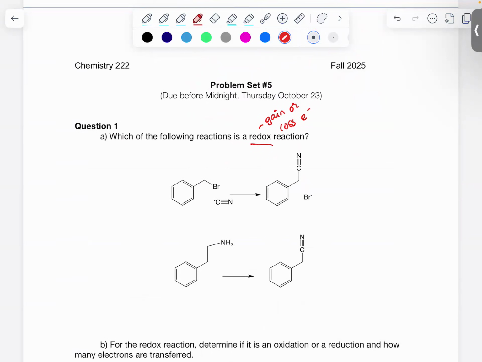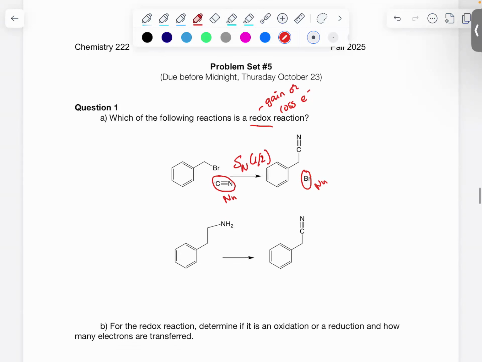And so with our first one, this should be something we recognize because here we have a nucleophile that is trading places. So this is nucleophilic substitution. I'll just label it as SN. It could be 1 or 2. So that's not a redox.